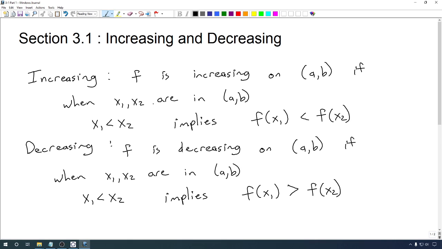Now, one other thing that we have in this, instead of having something be increasing or decreasing, we can also have a function be constant.